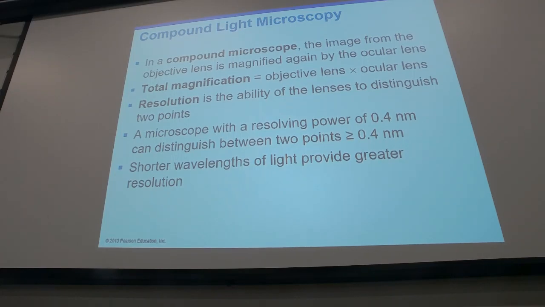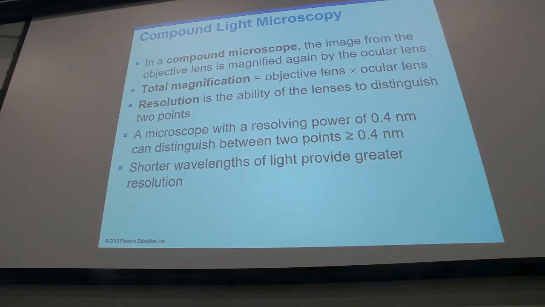It's like the pixels in cameras. The higher the pixel count, the better the resolution, the sharper the object will be. So a microscope with a resolving power, that's the other name for resolution, of 0.4 nanometers can distinguish between 2 points that are farther apart than or equal to 0.4 nanometers. So this is a good resolution.